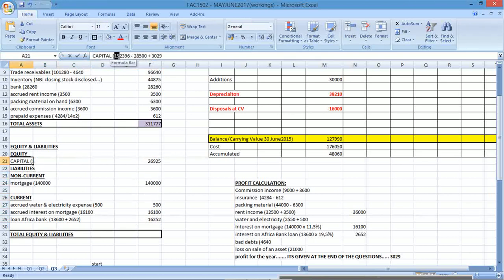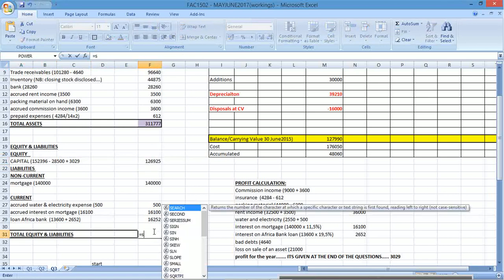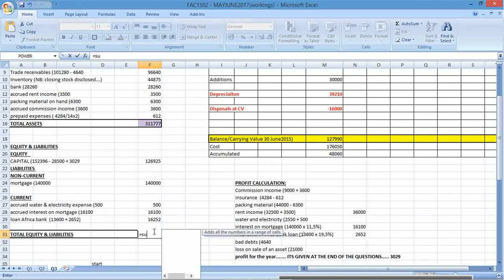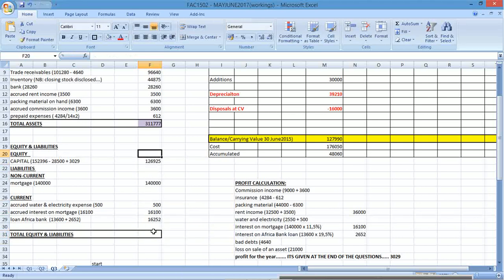Add up all of it. Okay. Let's see what we get here. Equity is this, that, this, plus that, gives you 32. Okay, so total liabilities would have been non-current plus current.